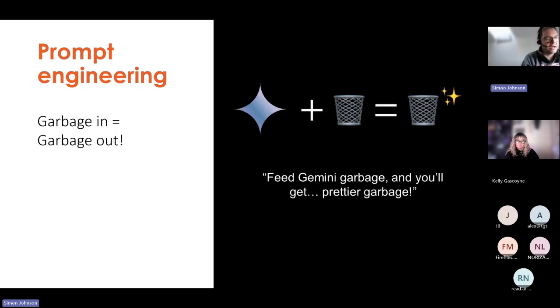But to a literal child, emptying the dishes could be literally taking the dishes out and putting them on the side. AI acts in the same way, and you've got to treat it like a literal child. The more detail you can give it, the better your response.